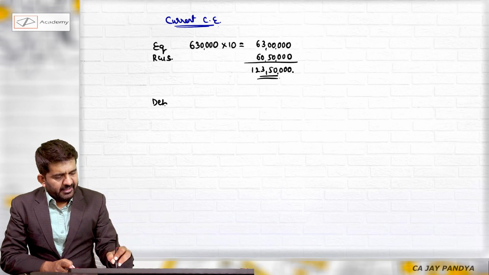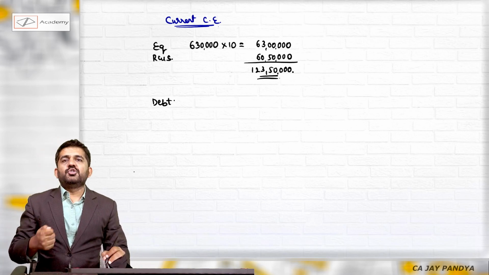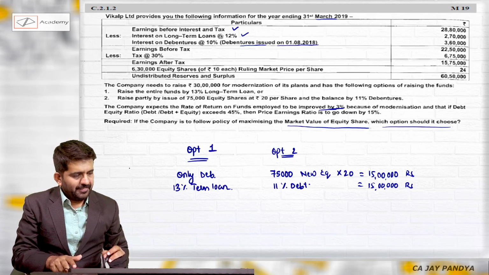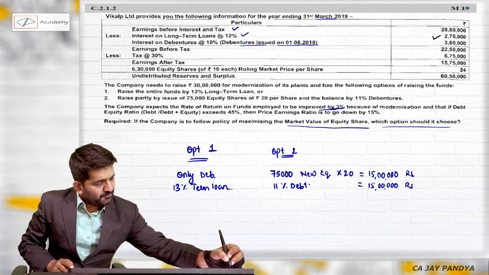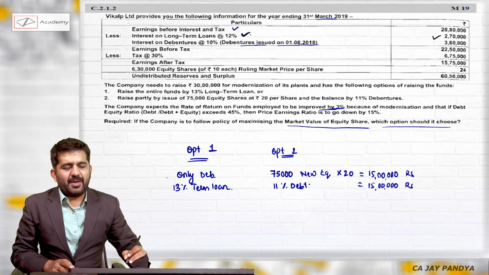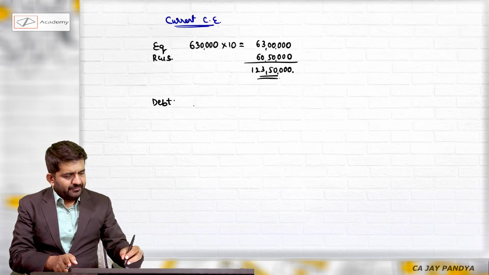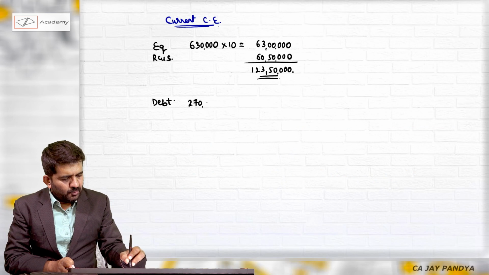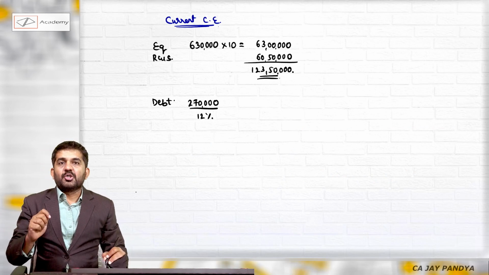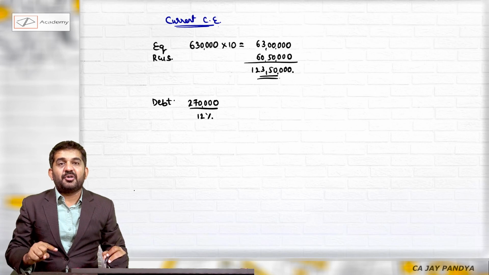Let us calculate the debt. Now, debt directly is not given, but interest is given. So if you are paying interest of 2,70,000 at a 12% rate, your debt will be 2,70,000 divided by 12%, because 2,70,000 is interest for 1 year.